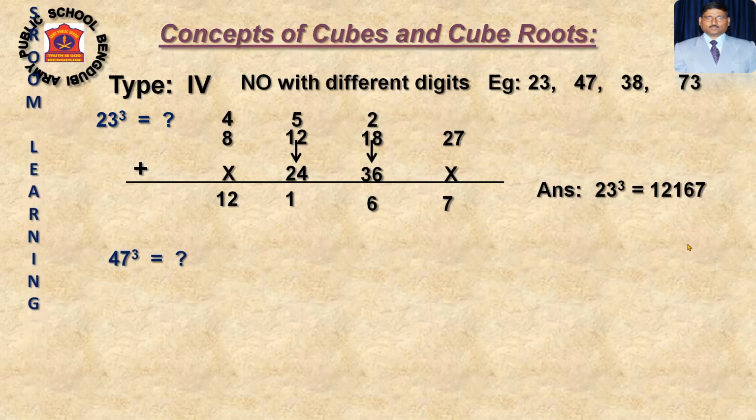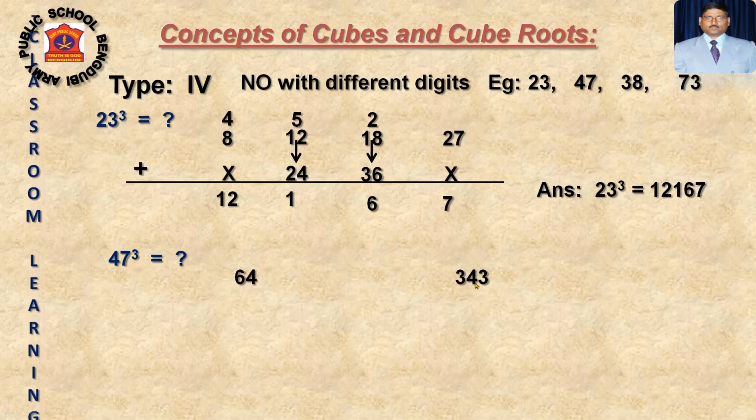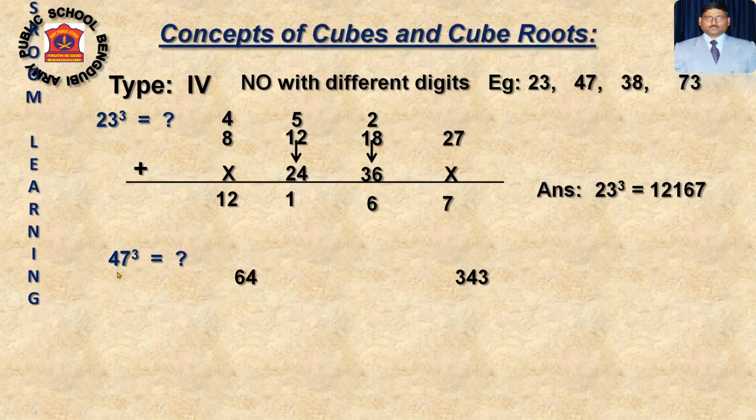Another example I am giving you, 47 cube. How can I do it? 4 cube is how much? 64. And 7 cube is 343. Now next, 4 square is what? 16. 16 into 7 is how much? 112.